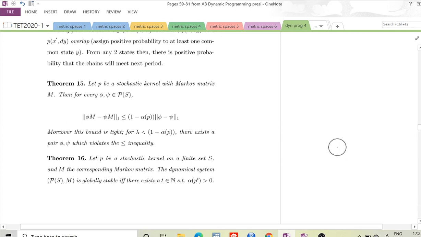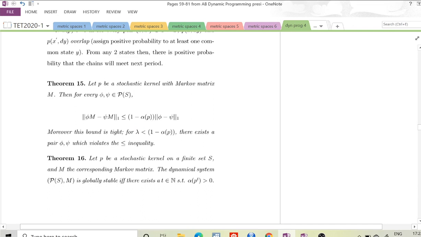It says, suppose P is a stochastic kernel with Markov matrix M, then for every two distributions phi and psi, the distance between phi M and psi M, where you use M to hop from an initial distribution to the marginal distribution next period, is less than or equal to 1 minus the Dobrushin coefficient alpha of P times the distance between phi and psi. And moreover, this is a tight bound.